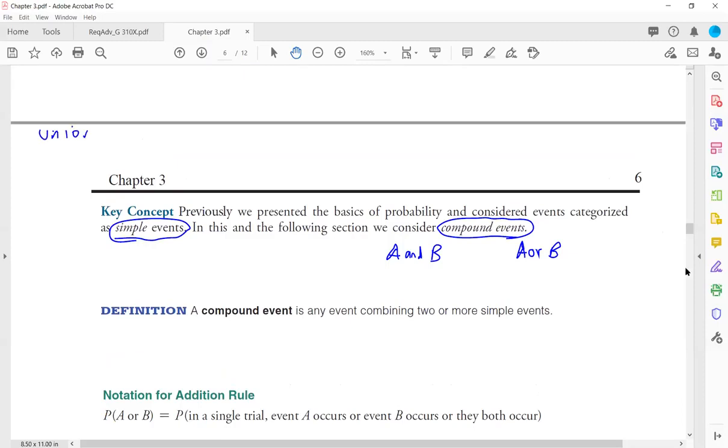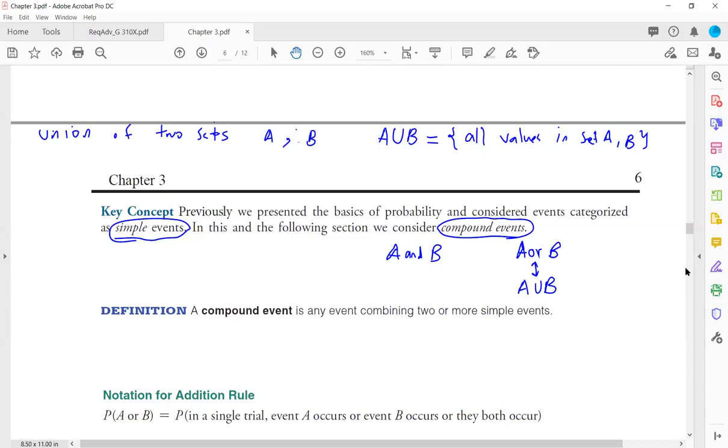The union of two sets, A and B, is denoted by A union B. It includes all values in set A and set B. So when you're talking about OR, you're actually talking about the union, A union B.